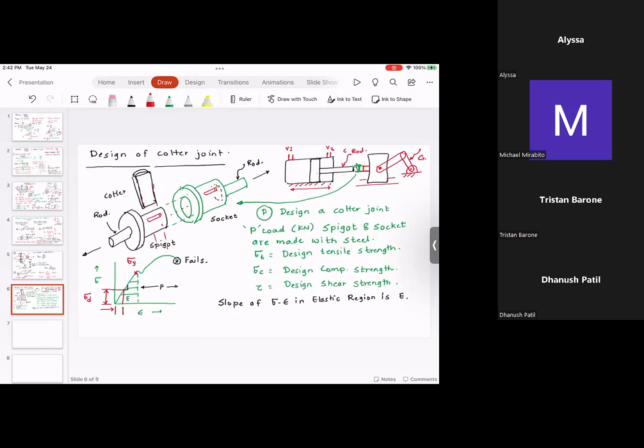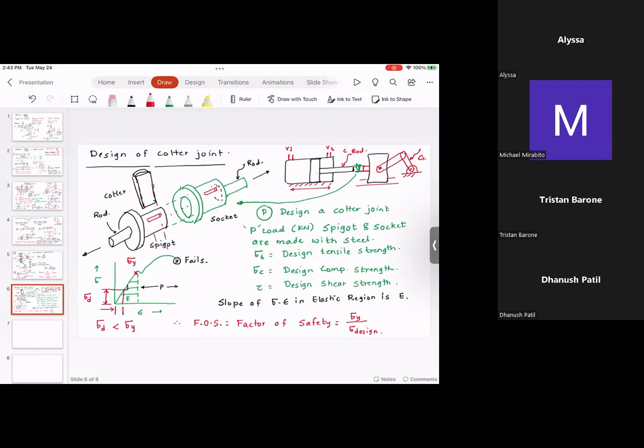The design stress is always less than yield stress, and the ratio is called the factor of safety. So what is factor of safety? Factor of safety is the ratio of sigma y divided by sigma design.